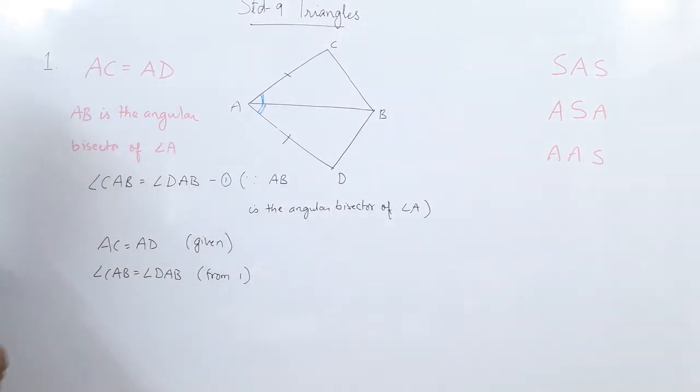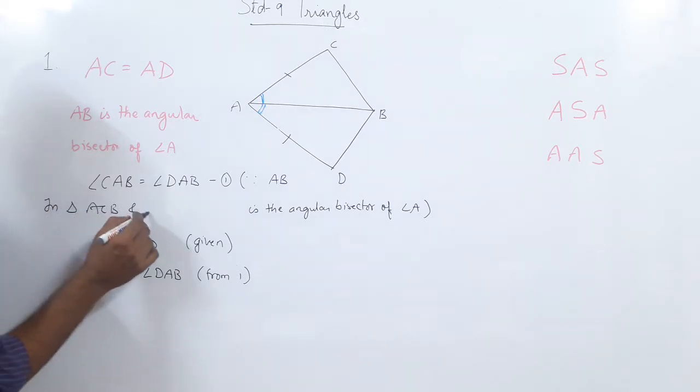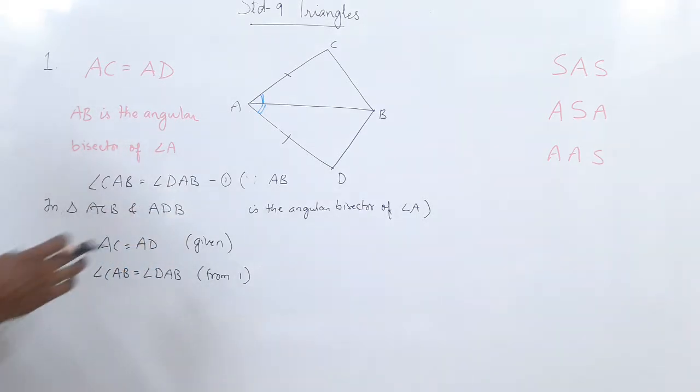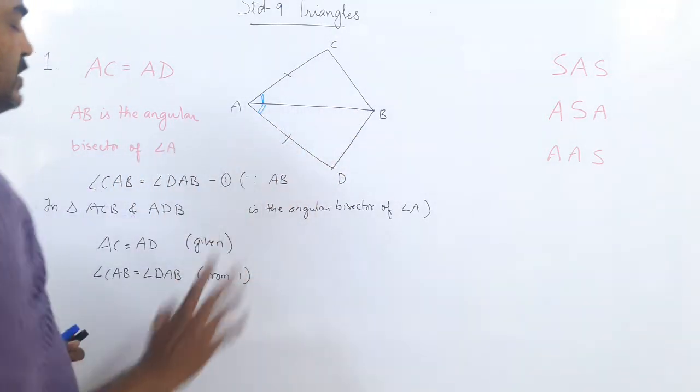Now, to prove the congruency, what I need to first do is write here in triangle ACB and triangle ADB. This is very important. I just started the sum, but I should first write which triangles I am talking about and what I am going to do. So first is the result I got, these two angles are equal because it is angular bisector.